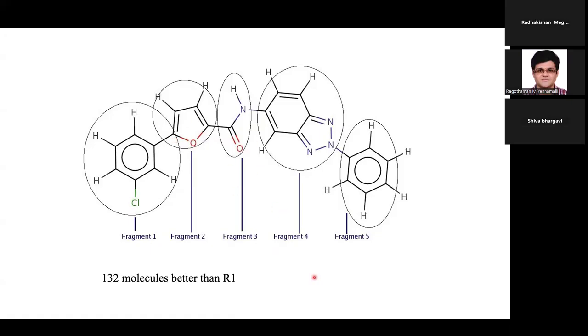So when we look at the R1 molecule, which showed 3 micromolar IC50, we identified 5 fragments. We break it into 5 regions and change one region at a time, keeping the rest stationary.